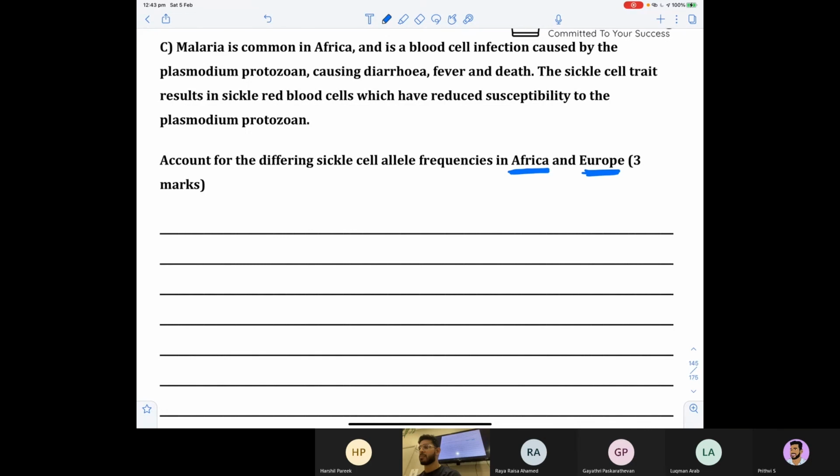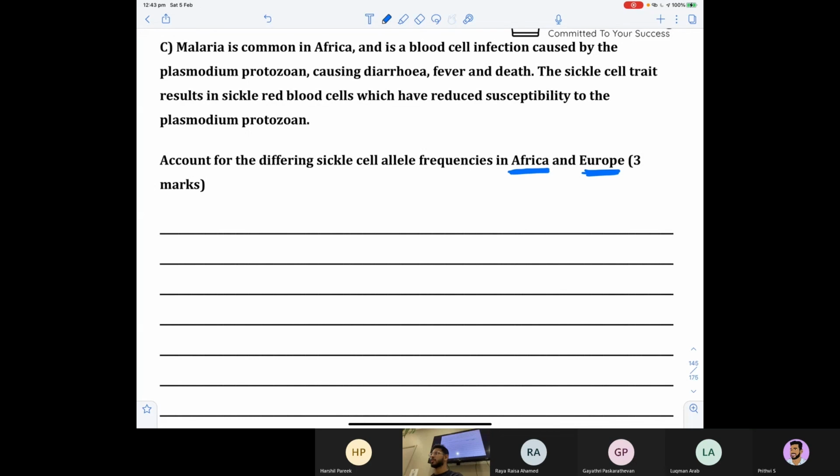Who can problem solve? That's what this is. No? So you're saying that sickle cell will be more prevalent in Europe? Does everyone agree? Disagree? Not sure. Any ideas? You agree with Europe? Okay.